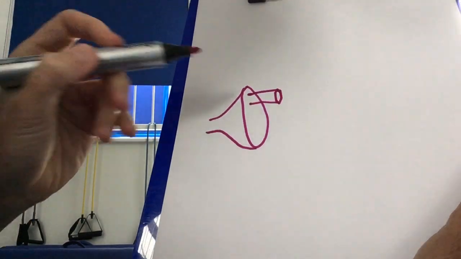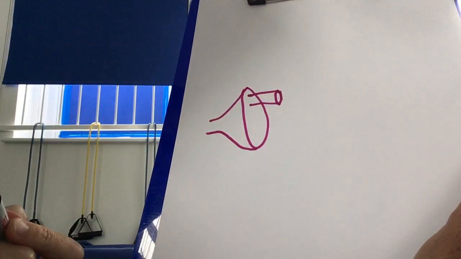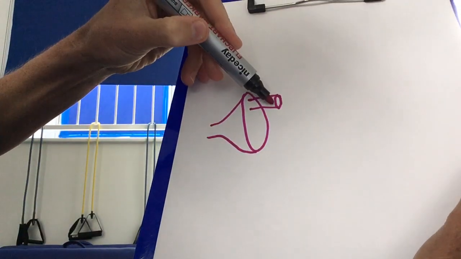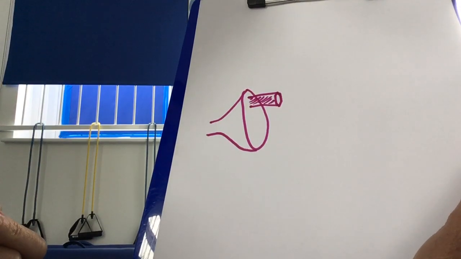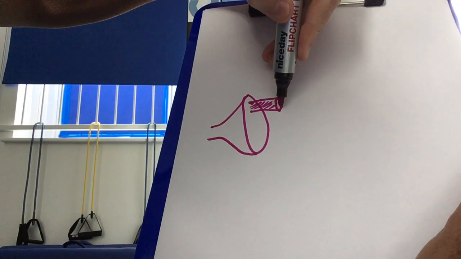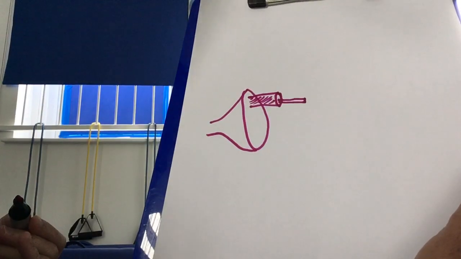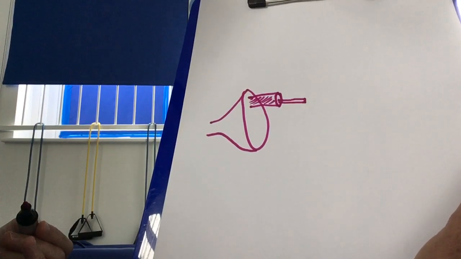Again, we can revise and say what goes around the whole muscle, what fascia, epimysium, what goes around the outside of this bundle, perimysium, what comes out of here, one muscle fibre, and what surrounds a muscle fibre is an endomysium.